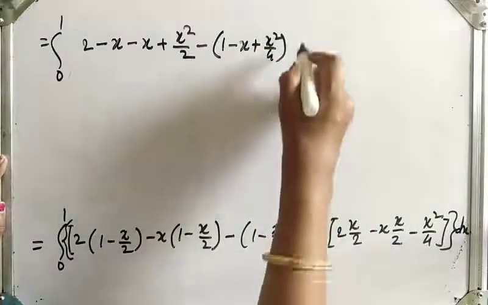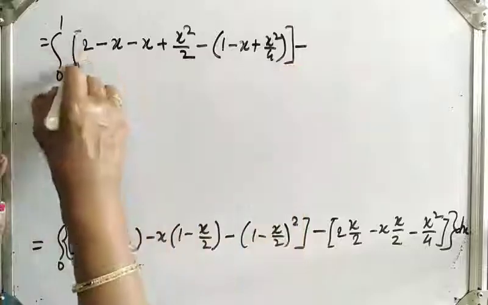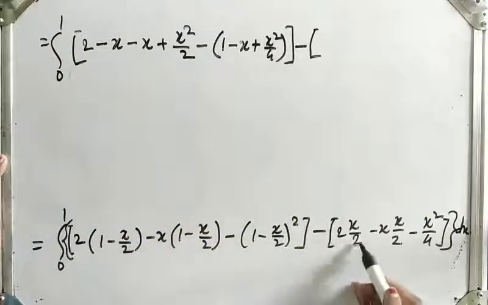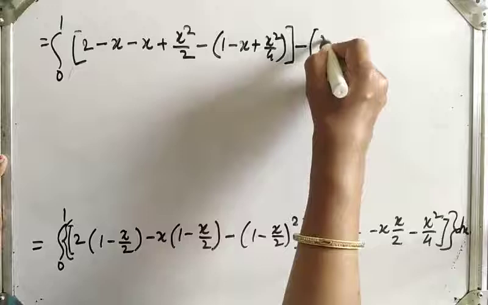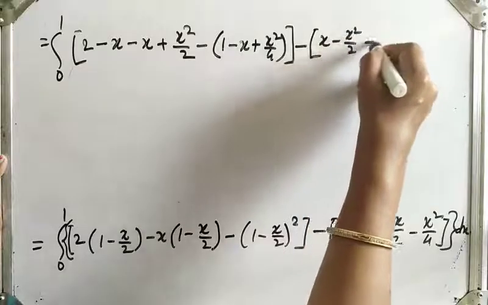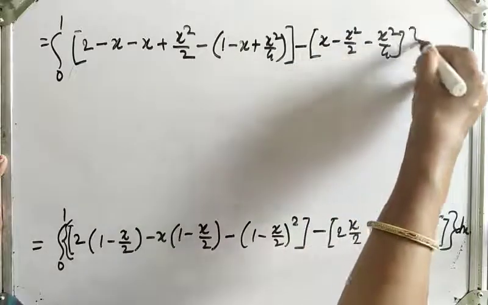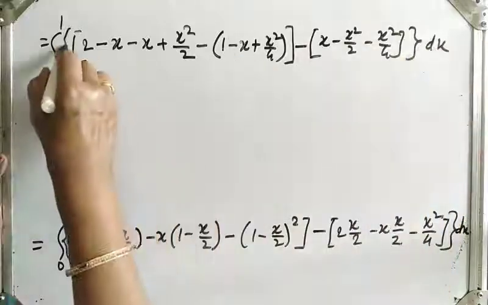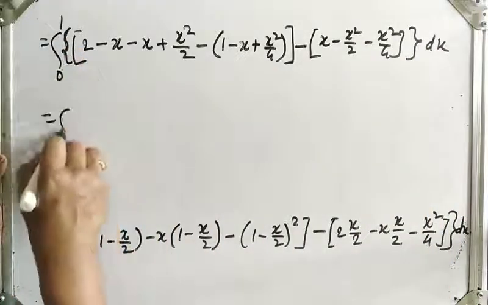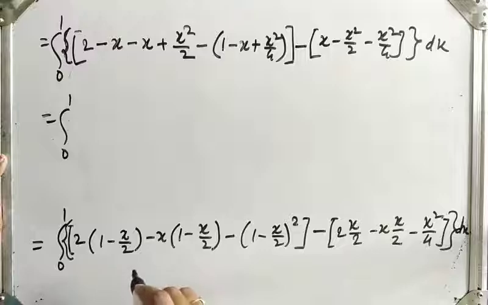Okay, then minus x minus x square by 2 minus x square by 4, okay, dx, which is equal to 0 to 1.